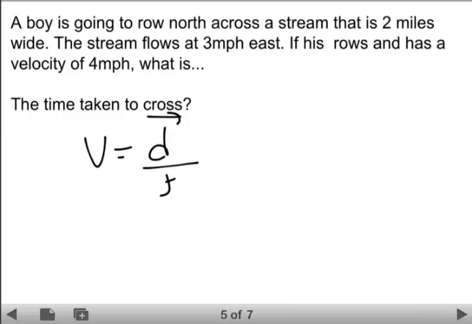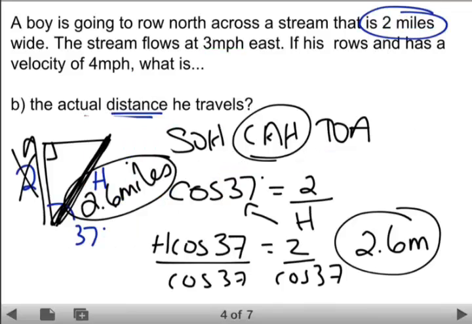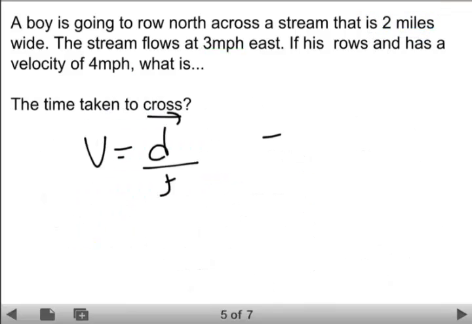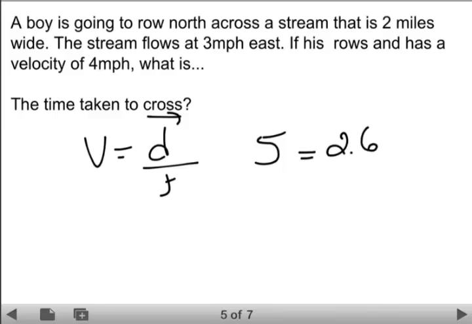I know the velocity. Our velocity along that stretch was right here, 5 mph, or miles per hour. So I know my velocity, 5 miles per hour, equals the distance, we just calculated to be 2.6 miles, divided by time. So this will give us our time in hours.